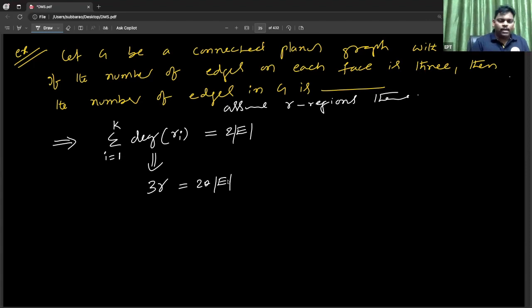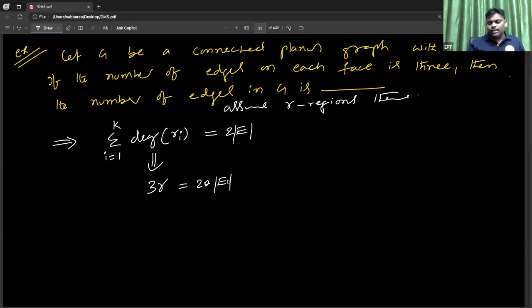Yeah, maybe you can write K also, R also, whatever you want. But let me ask you one small thing: why are you writing it like that? Listen everyone now. That 3 is the degree of a vertex or the degree of a region? Confirm first.